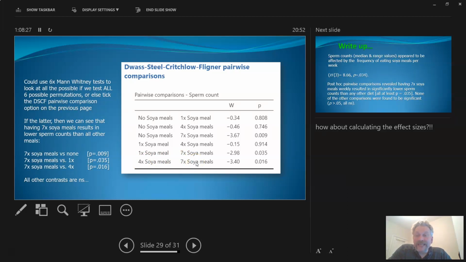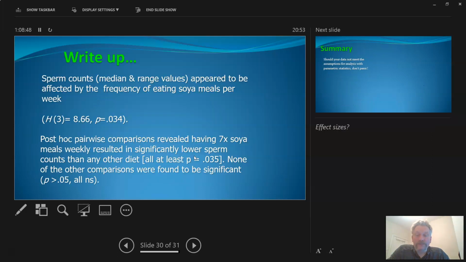So in other words, what we're saying here is that it's the group that have 7 soya meals that have a significantly lower level of sperm than any other group, whether they had none, 1 or 4 soya meals in a week. So again, that's just an indication of how you would run and interpret those analyses.